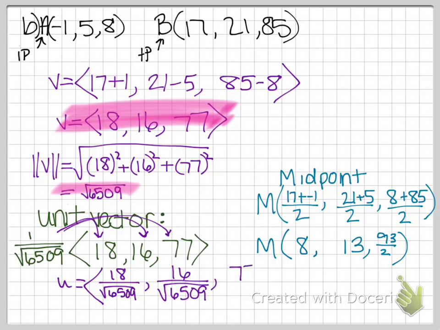And my z component is going to be 77 divided by the square root of 6,509. If you go through and find the magnitude of that vector, I guarantee it will be 1, I think, probably, if I didn't make any mistakes. But yeah, unit vectors work the exact same way.